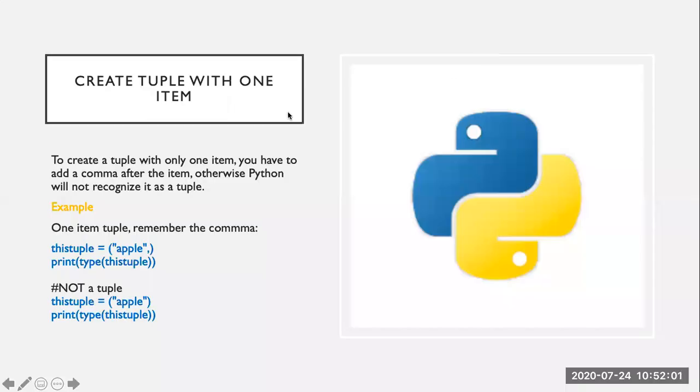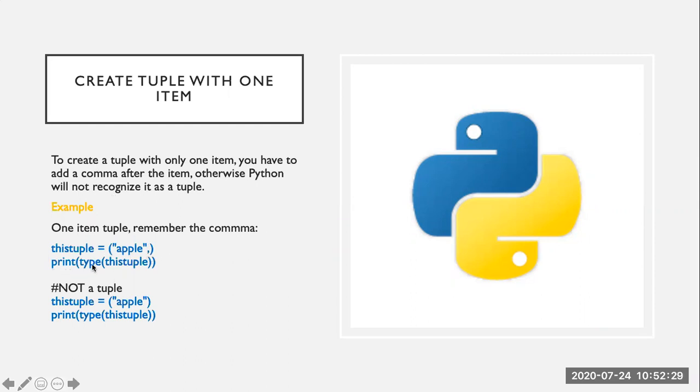There is another very important point to note. If we want to create a tuple with only one item, we have to add a comma after the item. Otherwise, Python will not recognize it as a tuple. For example, in this code we have created a tuple with only one item, and we have added a comma after it.